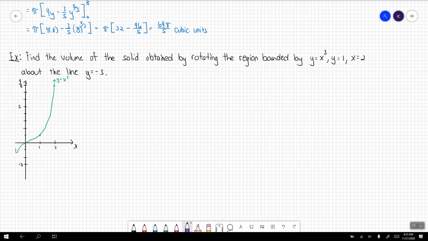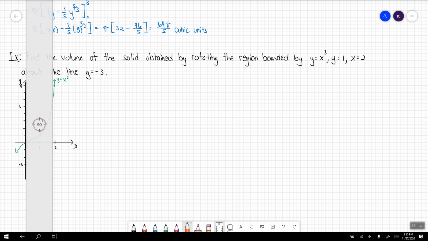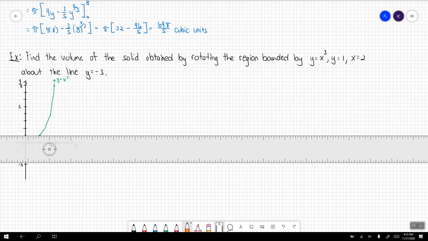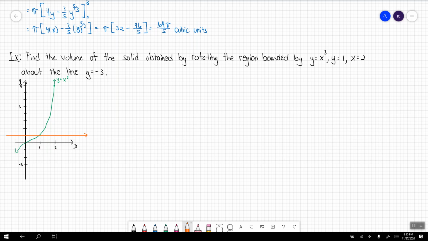Y is equal to 1. So I'm going to use y is equal to 1. Where's y is equal to 1? There we are. So we have y is equal to 1. And I also want x is equal to 2.